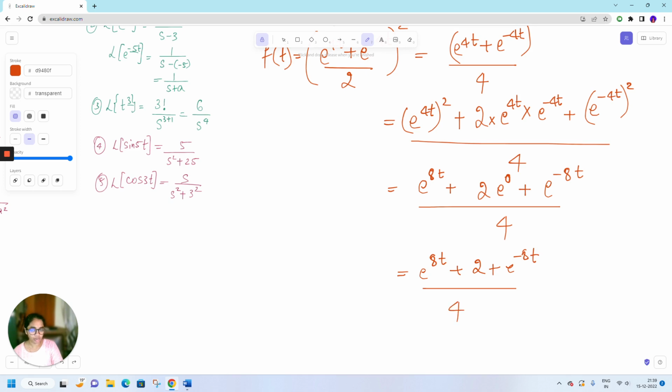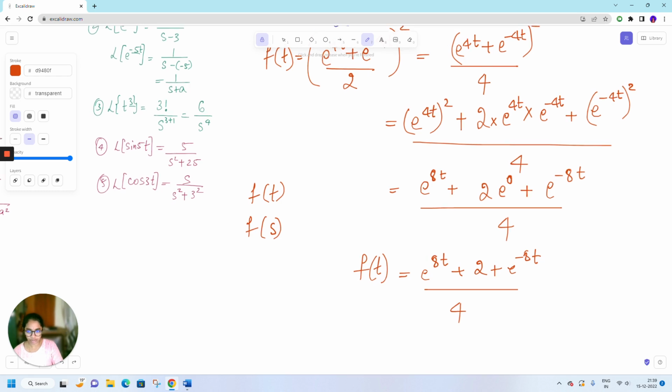Now don't get confused. We just simplified the given question. This is still f of t. This is not the Laplace. Always in Laplace transformation, the question will be in the form of f of t. And after finding the Laplace, it would change to f of s, that is the function of s.